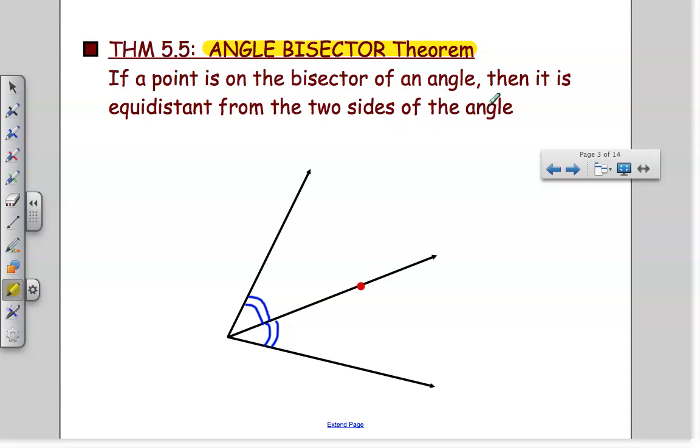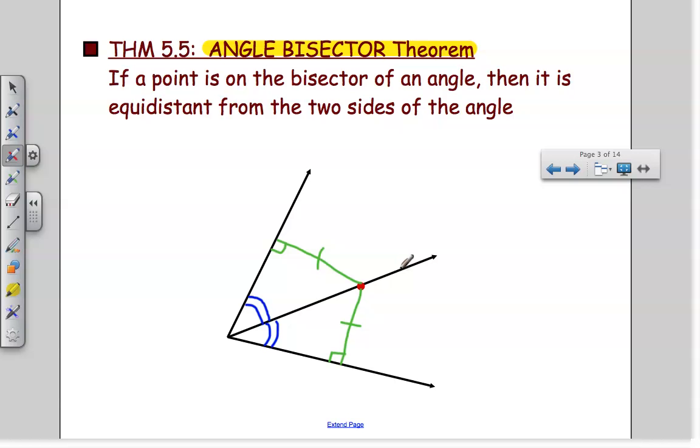What I know is that point on that angle bisector is equidistant from the two sides of the angle. Remember, equidistant means the same distance from the two sides. And if you're going to measure distance to the sides, make sure you're going at a right angle. So this distance here at a right angle would have to be equal to this distance at a right angle. And I could put one tick mark on both of those. If this truly is an angle bisector, then the distance to the sides should be the same.